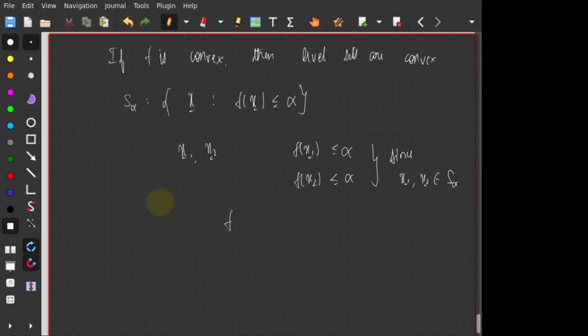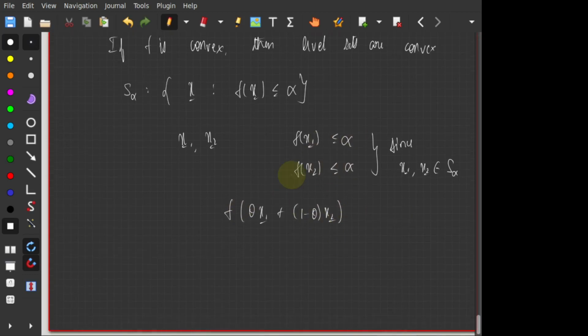We want to prove that theta x1 plus 1 minus theta x2 is also in S alpha.